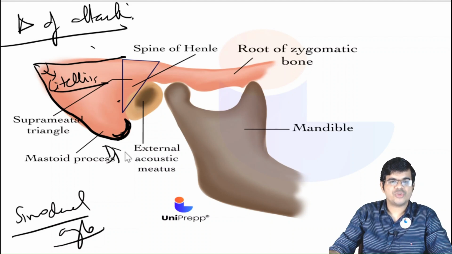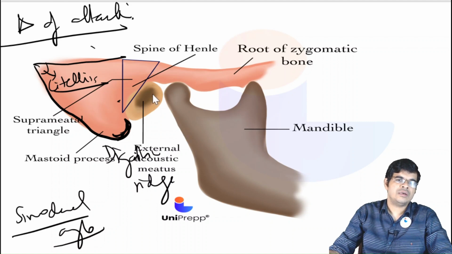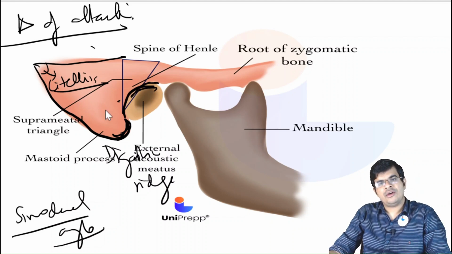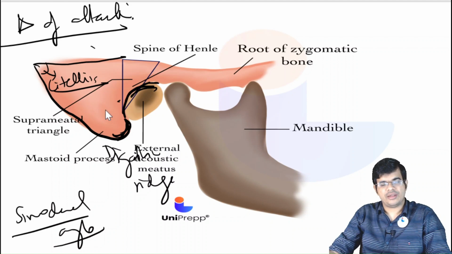Inferiorly you also have the mastoid process and the digastric ridge. Anteriorly you have the posterior superior wall of the external auditory canal. So this is the safe area, and on the floor you have the lateral semicircular canal. So this is the safe area for drilling.